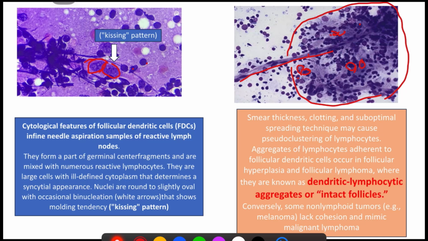These are aggregates of lymphocytes adherent to follicular dendritic cells, mostly present in follicular hyperplasia and follicular lymphoma. And some non-lymphoid tumors like malignant melanoma, which lack cohesion, may sometimes mimic malignant lymphoma.